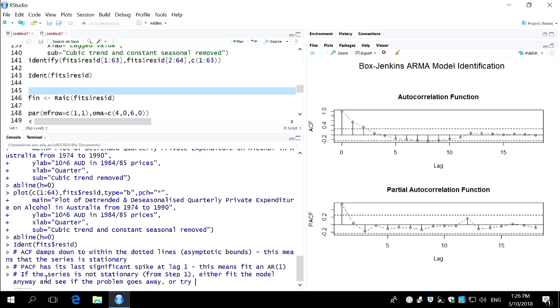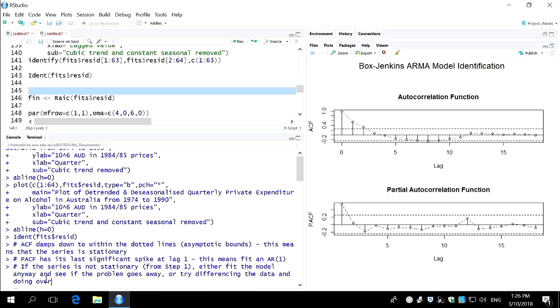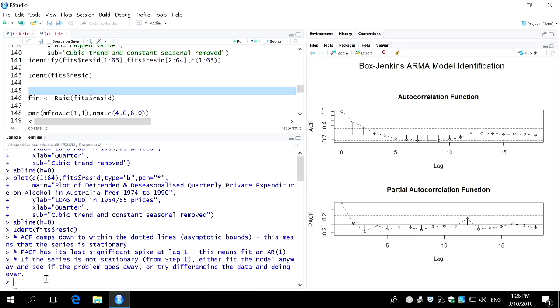Or try differencing the data and modelling again. So if the series isn't stationary, you either give it a go, fit the AR1, see what happens, or try differencing the data and remodelling. Okay?